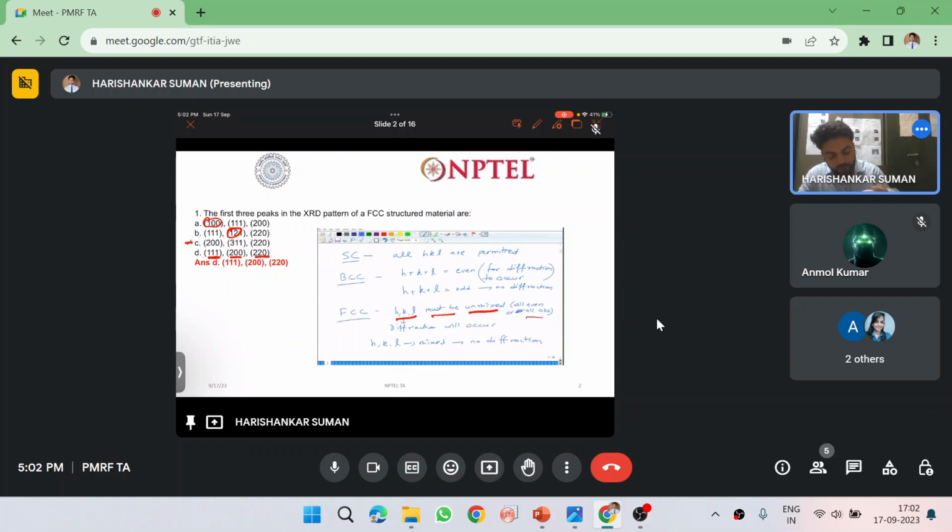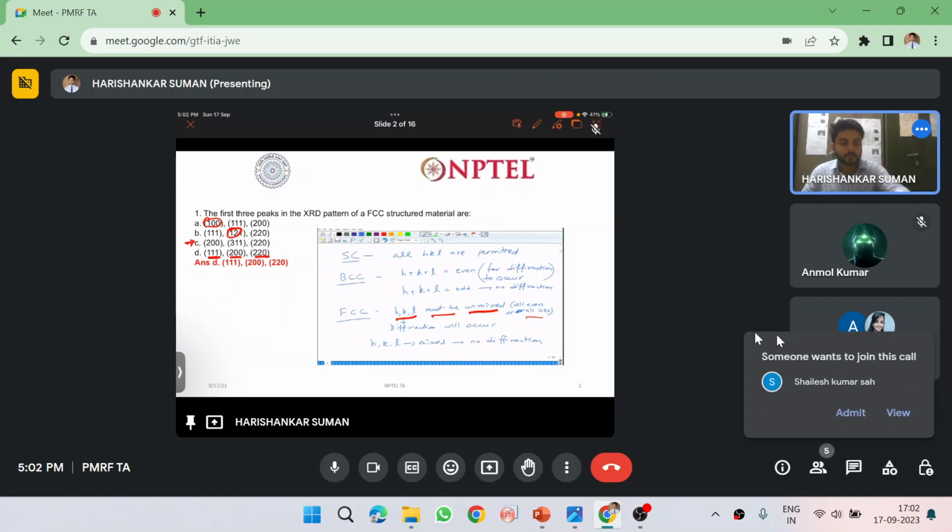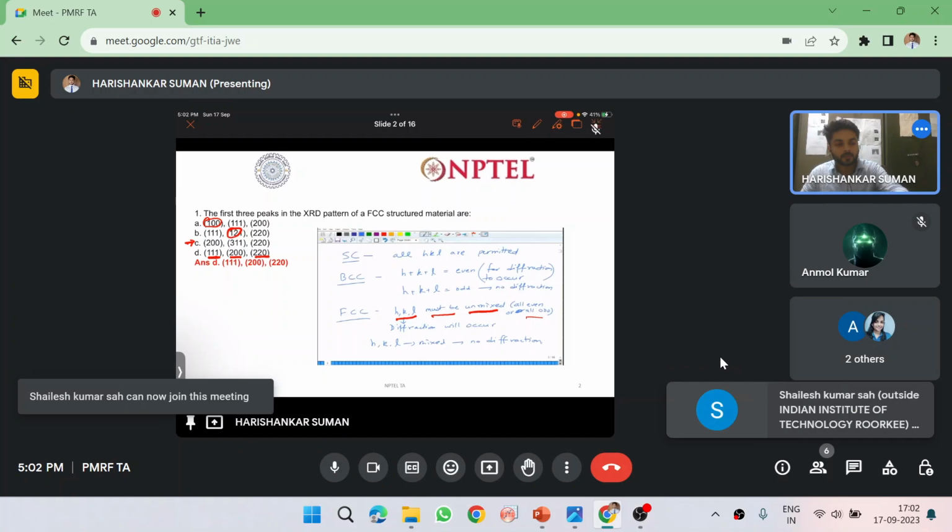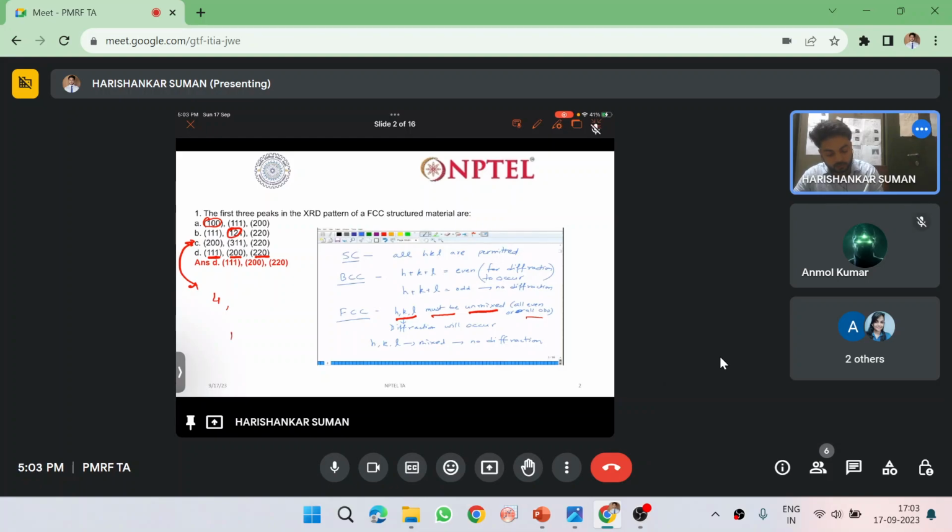Why not? What is the square sum? 3 square, 1 square, 1 square is 11, and this is 4, 4, 0, 8.